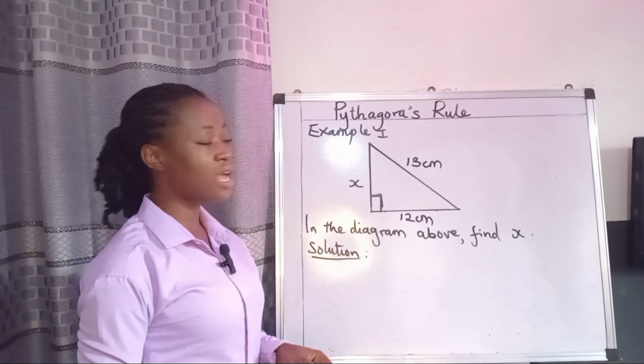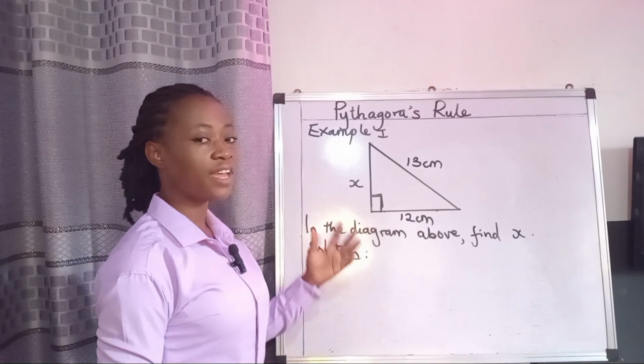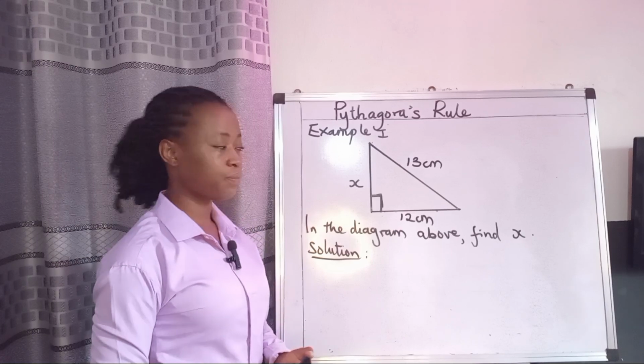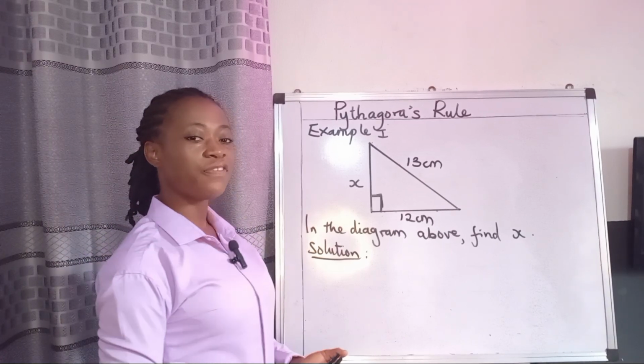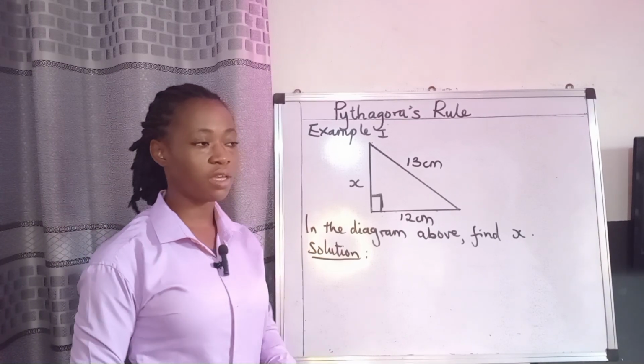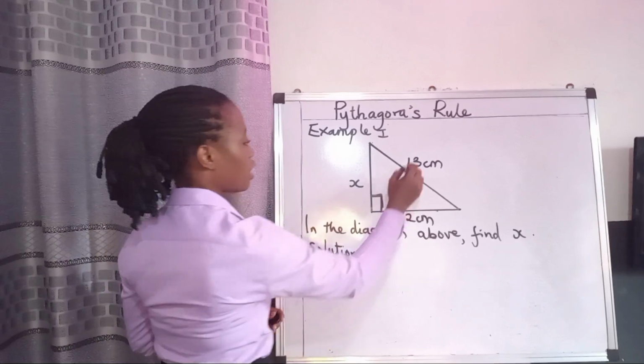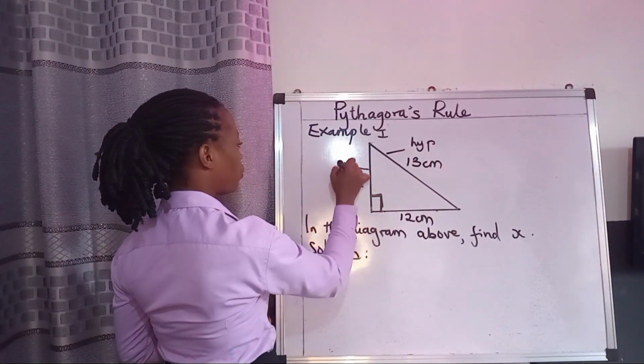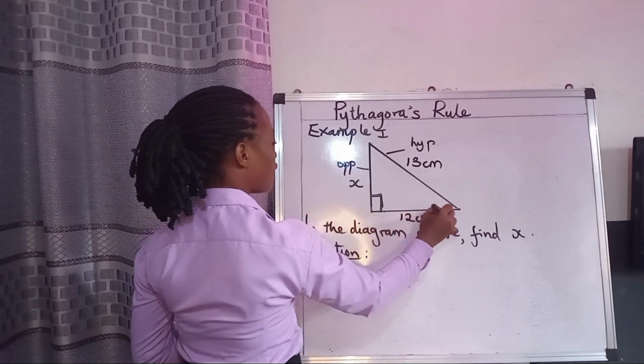And the question is asking us to find the value of x. Now, for you to be able to find the value of x, you need to first of all identify all the three sides, okay? Of course, here is the hypotenuse, and here is the opposite, and here is the adjacent.